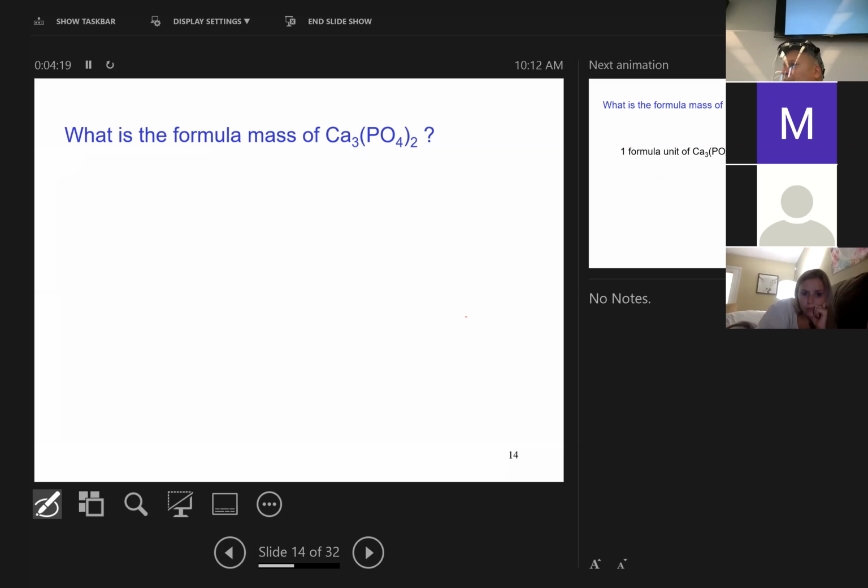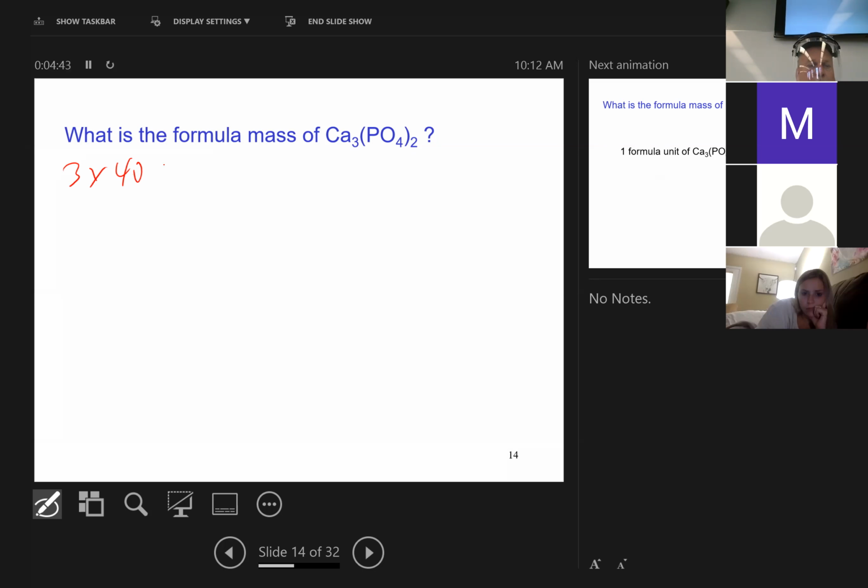What do you start with? Find the molar mass. Right. So which element do you want to start with? How many do you have? You look on the periodic table for it, right? So 3 times 40. We're just going to keep them simple. What's the next one?